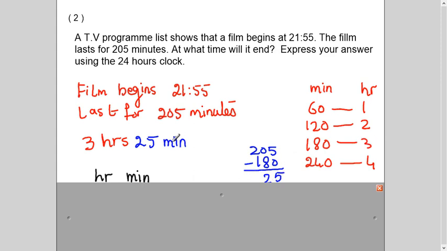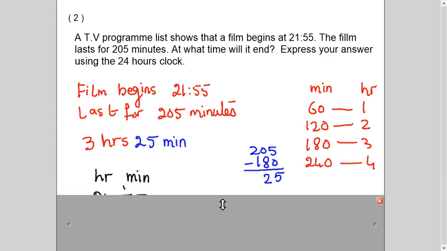So now I know how long the movie was. It was a 3 hour 25 minute long movie, and it started at 21:55. So if I have to find out at what time it will end, I will simply add up this time and this time. So let's see what happened then.